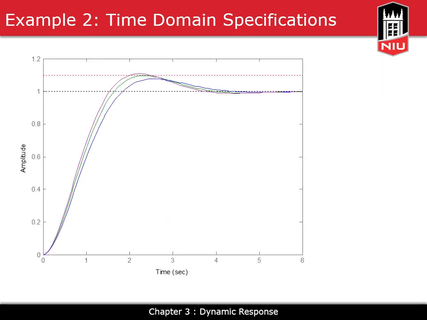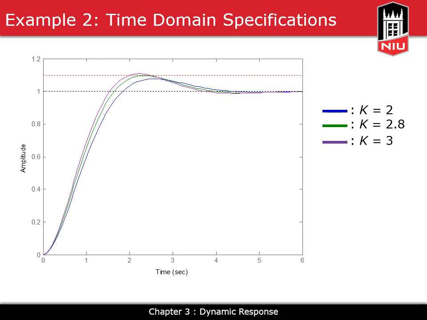So taking a look at our step response for 3 different values of k for the same example. Let's say k values of 2, 2.8, and 3. Any value for that k will give me a different step response. It affects the system, it affects the transfer function, so obviously it affects the response. The blue line is the response when k is 2. The green one is when k is 2.8, and the purple is when k is 3.